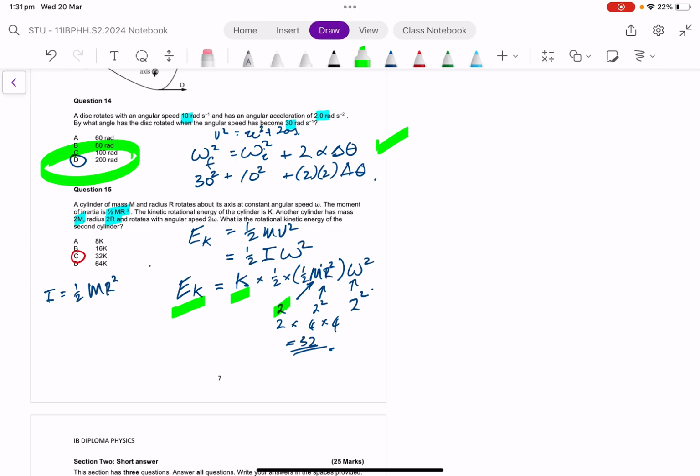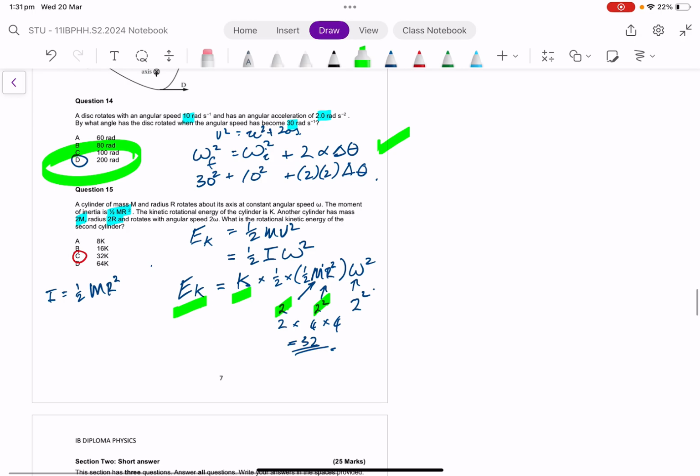That means it's going to go up fourfold because the radius is increasing. And with angular speed, it was omega before, so if you're doubling the angular velocity, there's another square happening there. So it's going up 4 times due to the angular velocity increasing, 4 times due to the radius increasing, and doubling due to the mass. It's a total of 32.